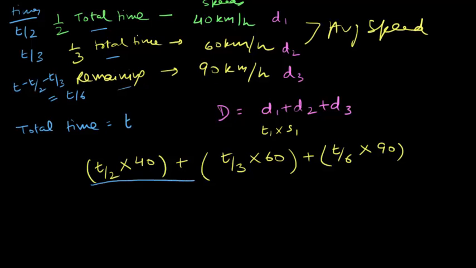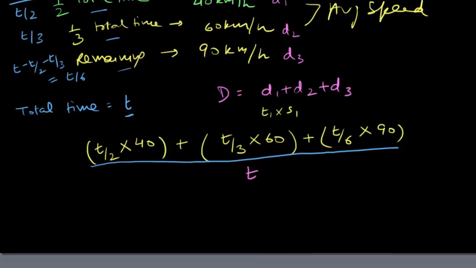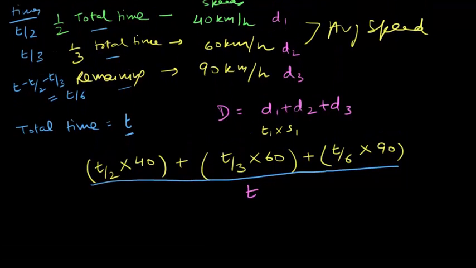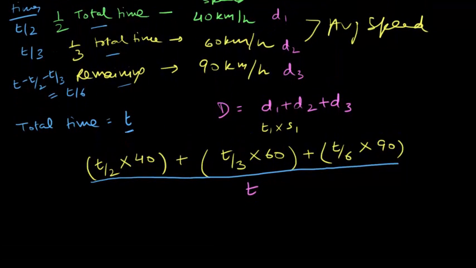This is my total distance. Then I will divide this whole thing by the total time taken, which I have here as t. So this is very straightforward because we're basically going to cancel most of the things. If you solve this, you will get 20t plus 20t plus 15t, the whole thing divided by t.